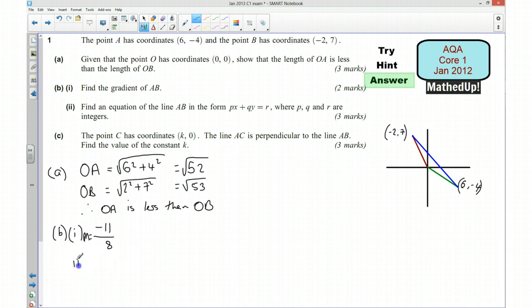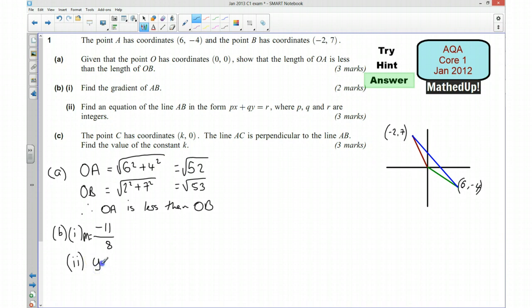Part 2, we want to find an equation of the line AB in this form here, where P, Q and R are integers. So I can start off by saying, well, there's a couple of ways of doing this.